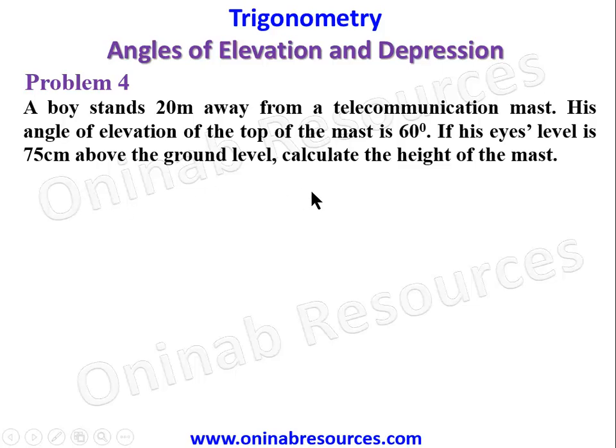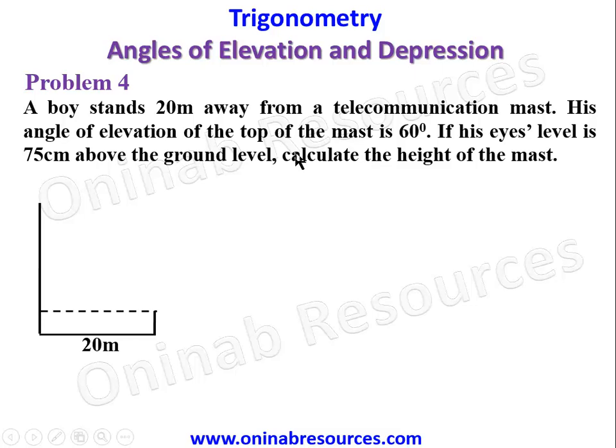This is somehow technical, so we still create our horizontal ground, and the telecommunication mast is this, and this is the boy standing. That's 20 meters away, and we create the normal for the boy. If he's looking normally, this is his line of sight.